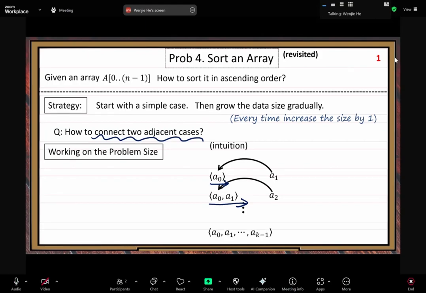Then we keep doing things like this. So we can consider a general case. This is the general case. We assume these k elements have already been ordered. Then we want to add a new element, AK.